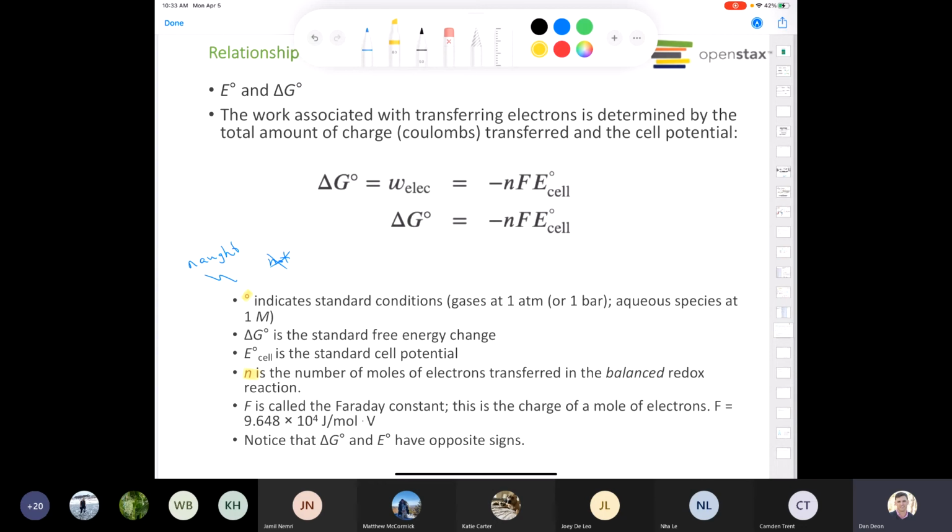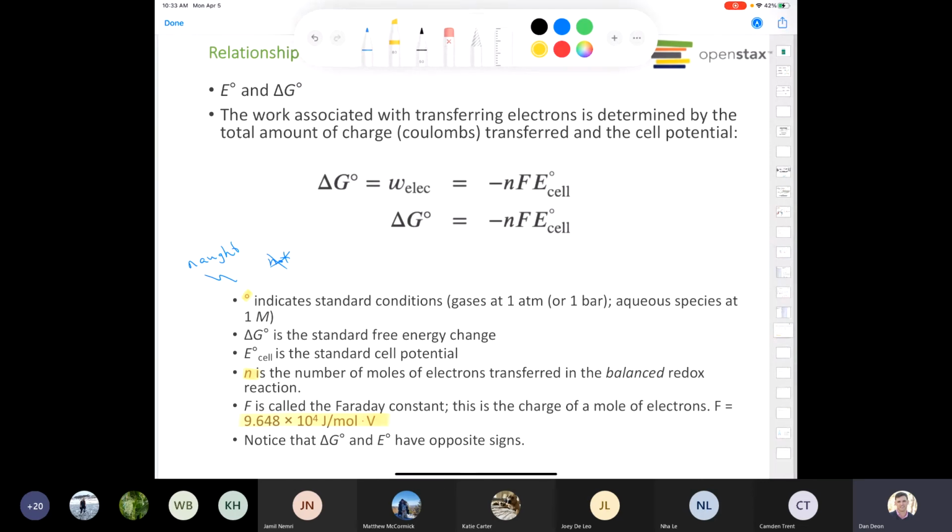F is the Faraday constant. Of course, I'm going to give you the Faraday constant, which is 96,480 joules per mole times volts. And we'll talk about that probably even more during the next lecture. But notice that delta G and E have opposite signs.